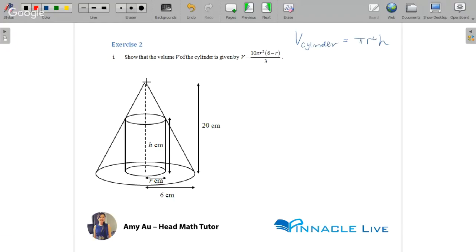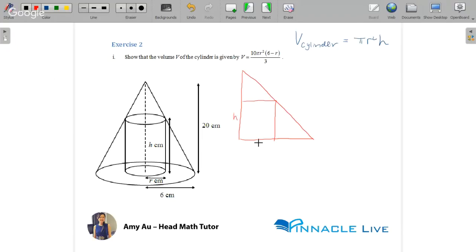Imagine if you cut this up, what you will get is something like this. Something like that. So I'm just going to write in the dimensions.